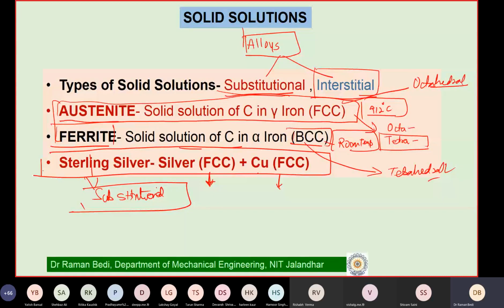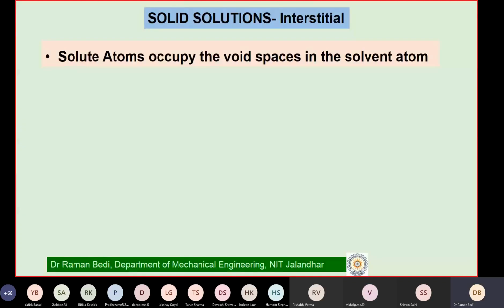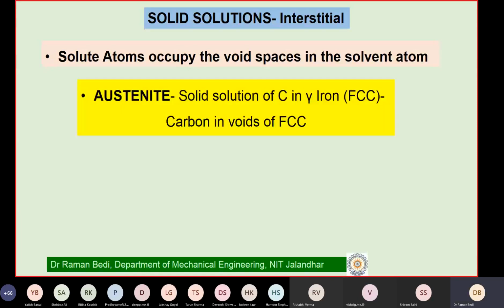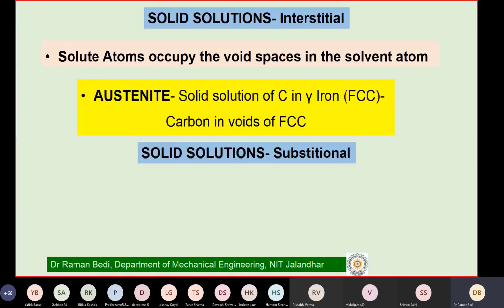So we already said that solid solutions, if they are interstitial type, the solute atoms will occupy the void spaces in the solvent atom. The example I have already given to you, but it will come up on your screen again, that austenite happens to be one example of this type of solid solution.